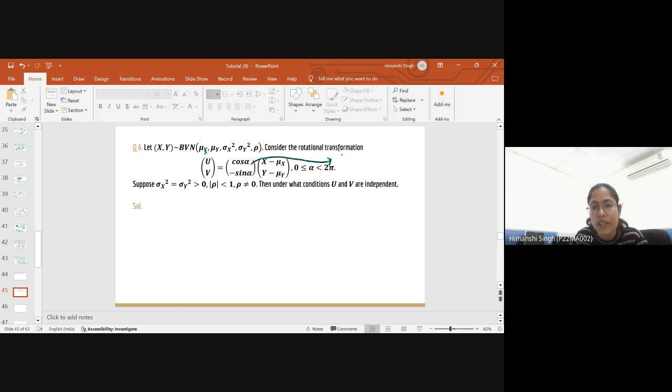In place of this, we have this matrix cos alpha, sin alpha, and minus sin alpha, and here we have cos alpha. Okay, so we have basically this product with x minus mu x, y minus mu y. So we are multiplying these two matrices and finding out the u and v. So u and v are this thing.